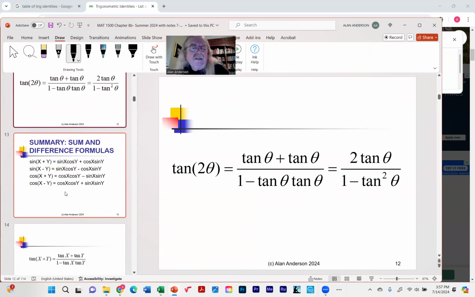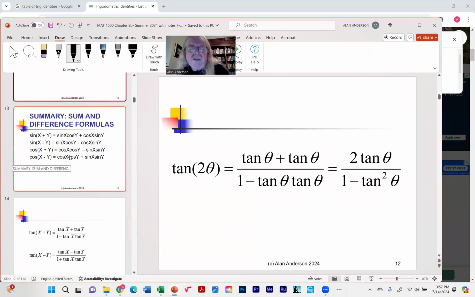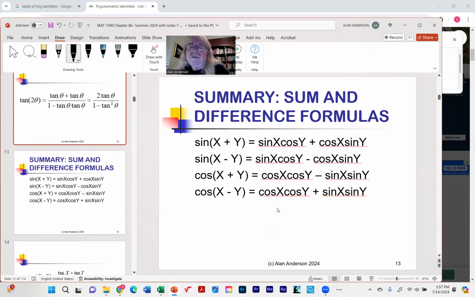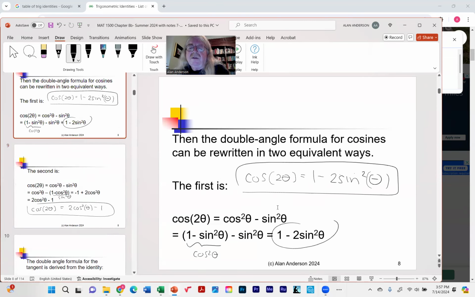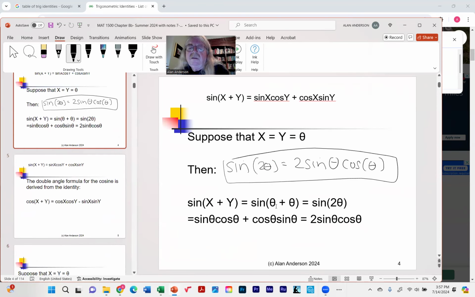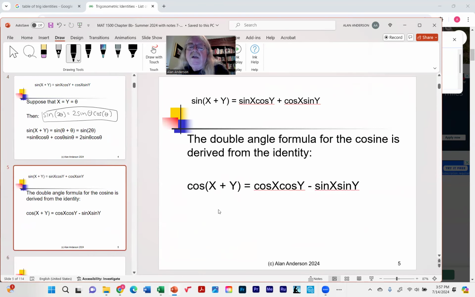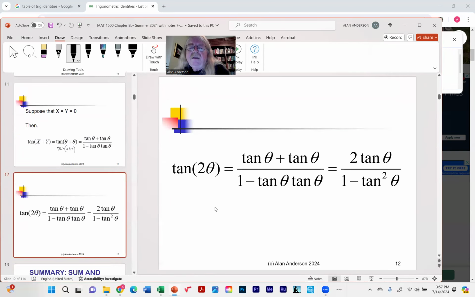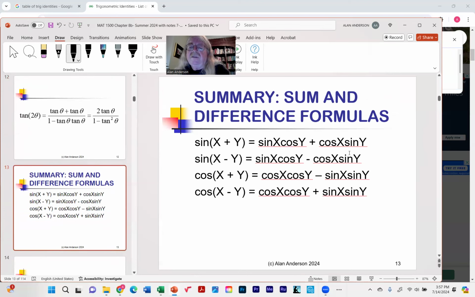So I very helpfully put a bunch of these together in case you need them. These are the so-called sum and difference formulas. If you notice, we only were looking at the sums earlier. Okay, sine x plus y, cosine x plus y. What happens if we're subtracting? Does it make any difference? Yes, it does.